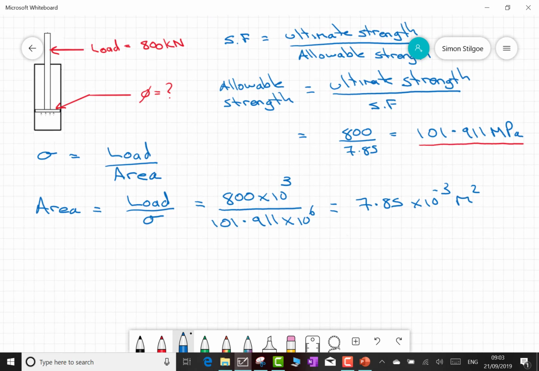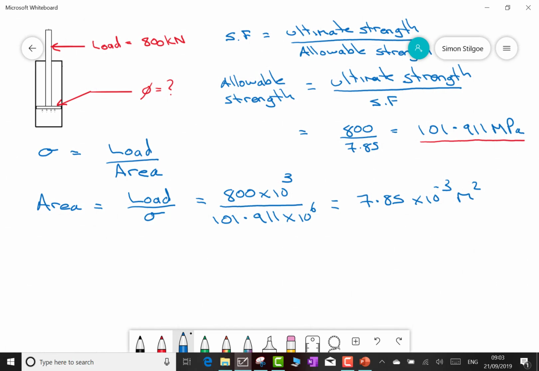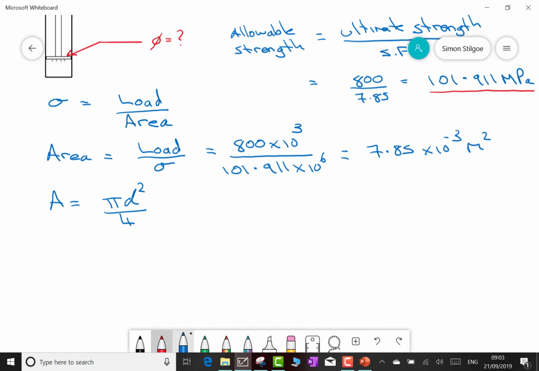Now, once we've got the area, I can think about the area formula for this piston. The area, as it's a circle, is going to be pi d squared over 4. I now need to rearrange this to find the diameter. The first thing I would do with regards to the transposition is bring that 4 up.